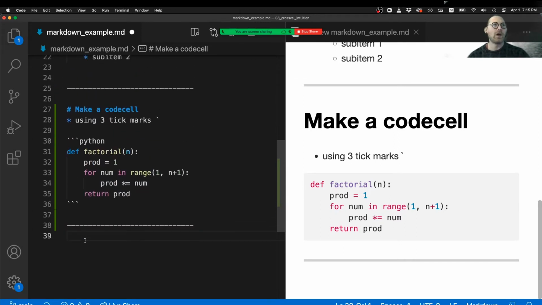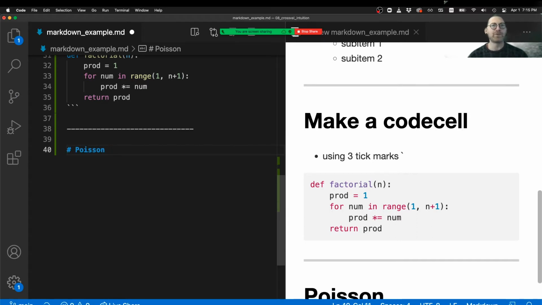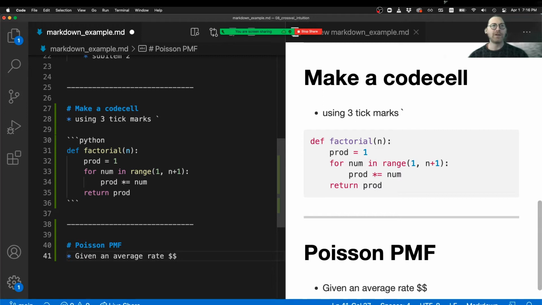One not great thing about this preview over here is that you can't scroll down to center things, which is a little frustrating, but not a big deal. So let's call this Poisson PMF, and let's say given an average rate, and notice this if I say lambda. So this is LaTeX.